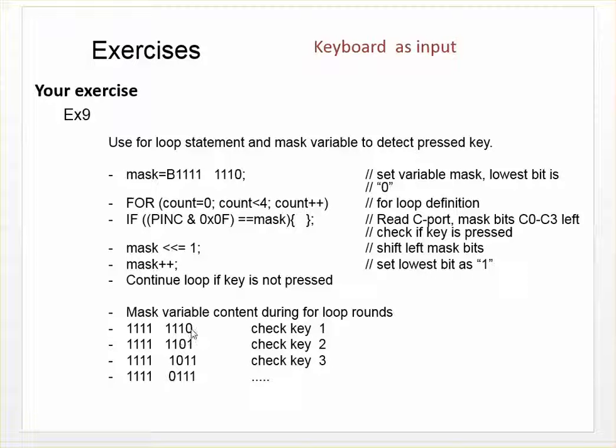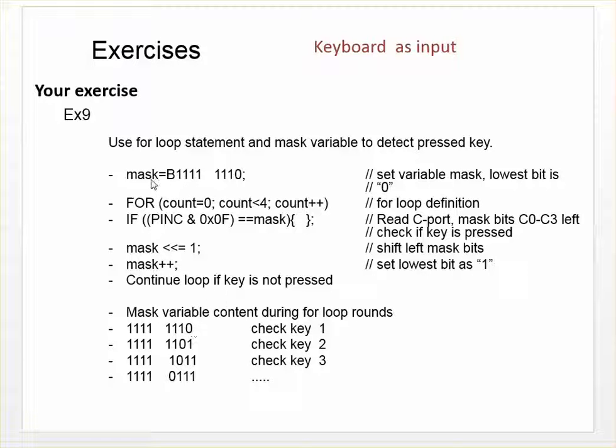And as you noticed here, what is happening is that the 0 bit is shifted in each round, one time left, left, left. And that you can do with the for loop.